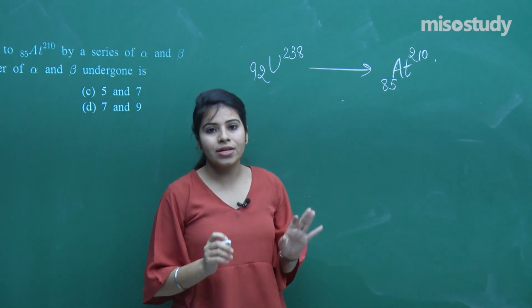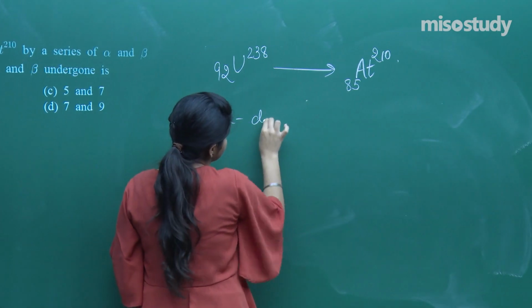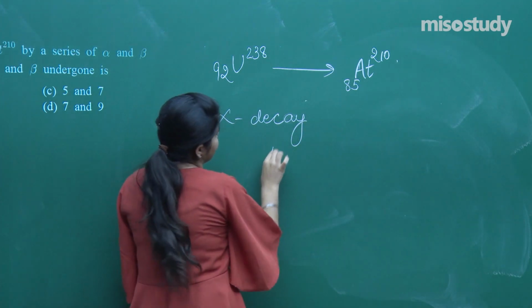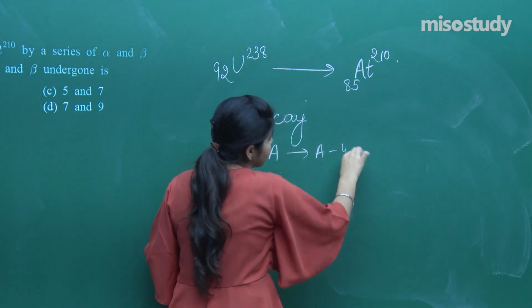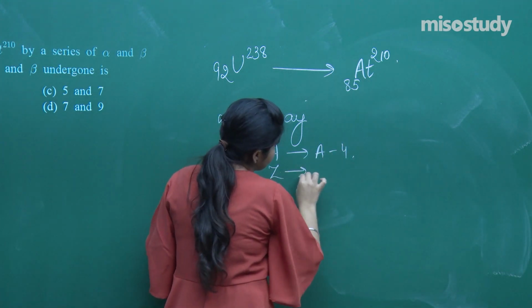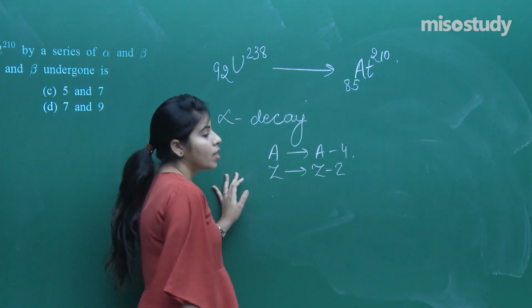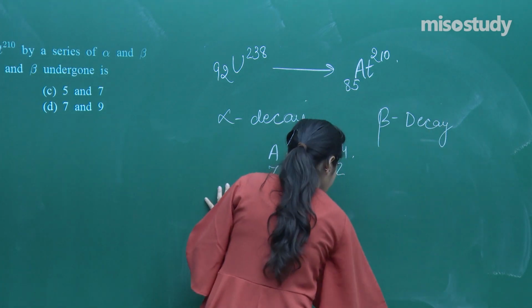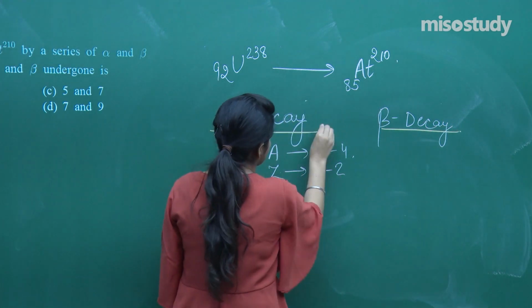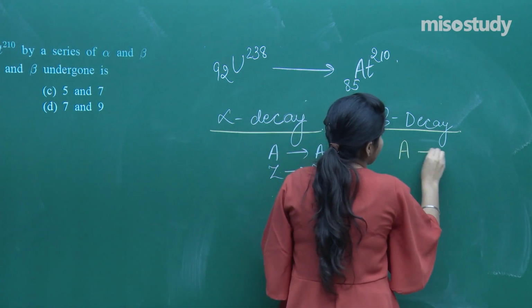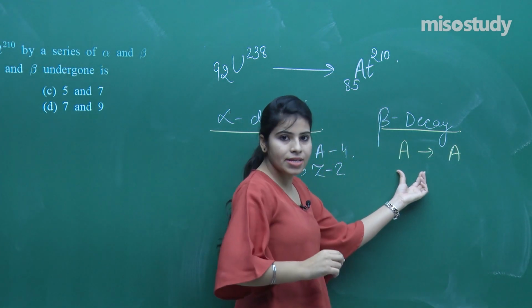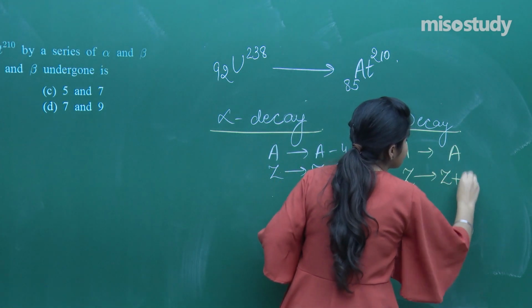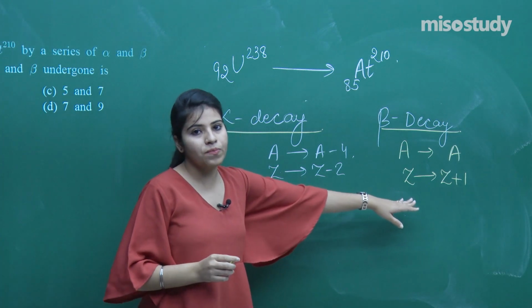Now you know that in the case of alpha decay, the mass number is reduced by 4 and the atomic number is reduced by 2. In the case of beta decay, the mass number does not change. So if it is A, it will remain A, but the atomic number will be increased by 1.